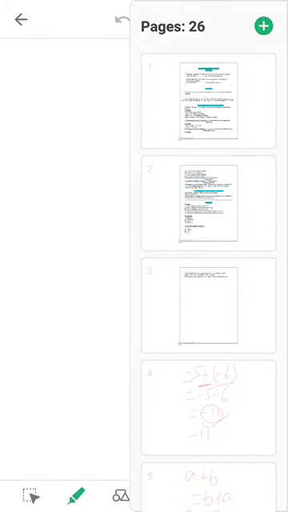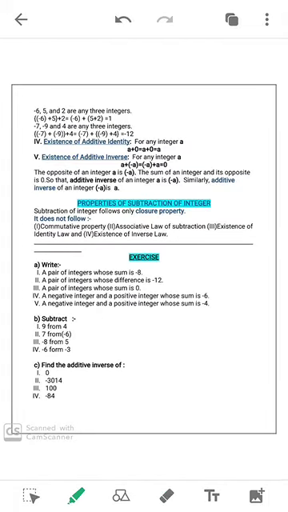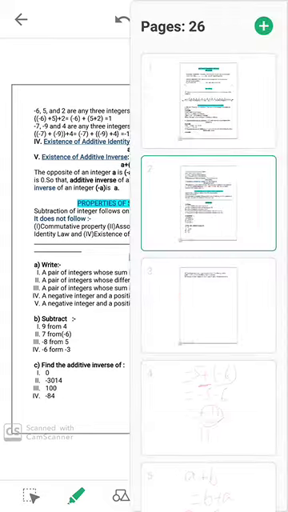Now third, a pair of integers whose sum is 0.